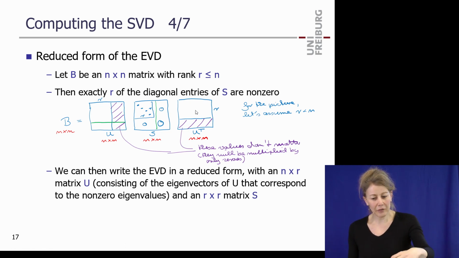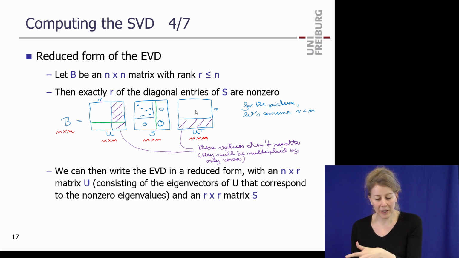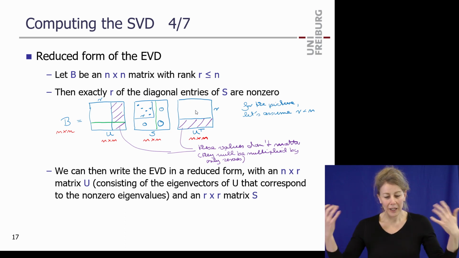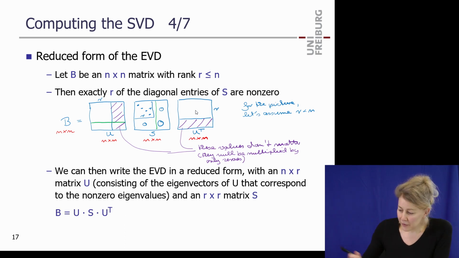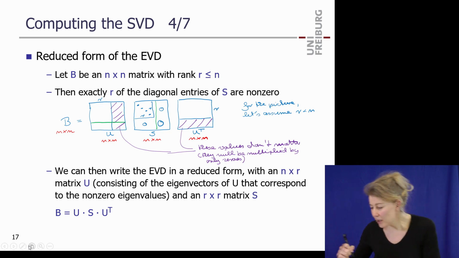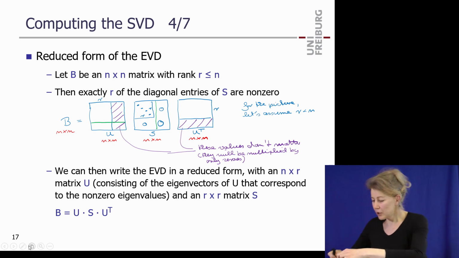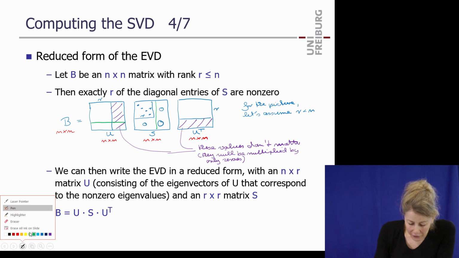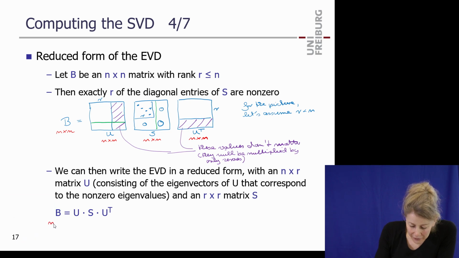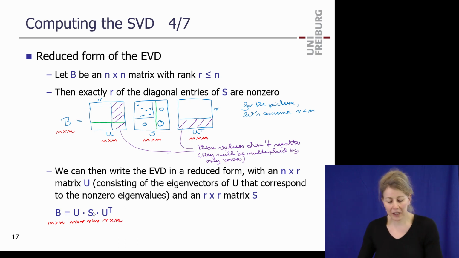So if in my diagonal matrix there are zeros, and maybe there are 3 zeros, then the last 3 columns of U and the last 3 rows of the transpose, I can just throw them away. It will make absolutely no difference. Which means, if the rank is smaller, I can always write this N times N matrix as N times R, R times R, R times N. So I just omit the eigenvectors beyond.